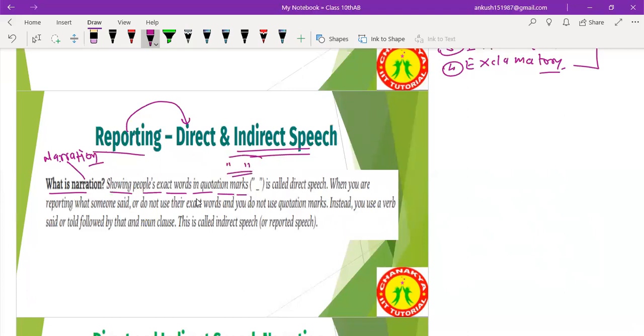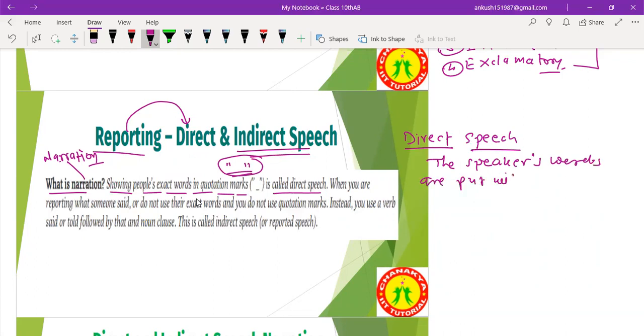When the speaker's words are put within inverted commas as they are, that is called direct speech.